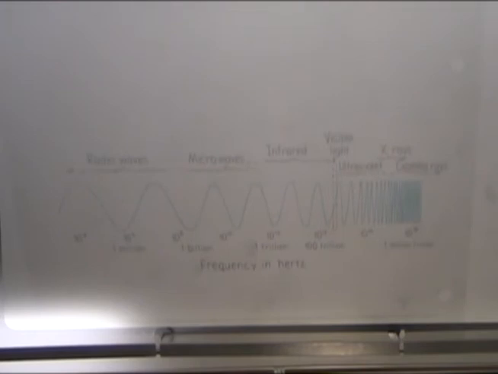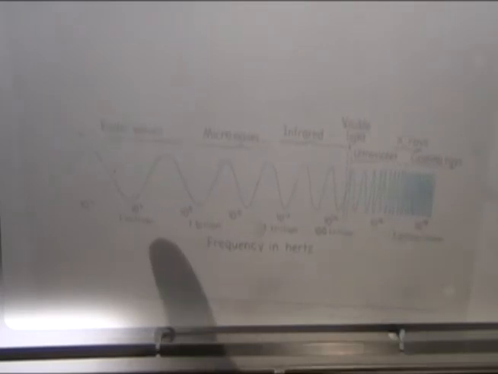This is a range of frequencies of electromagnetic waves. And the frequency is shown in hertz. For frequencies around 1,000,000 hertz, which is a million cycles per second, this is radio waves.